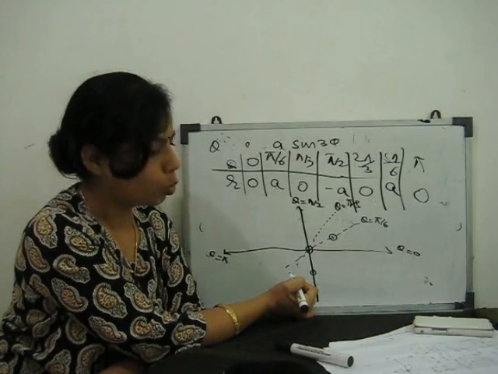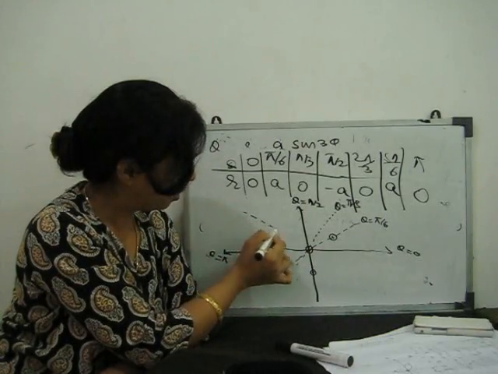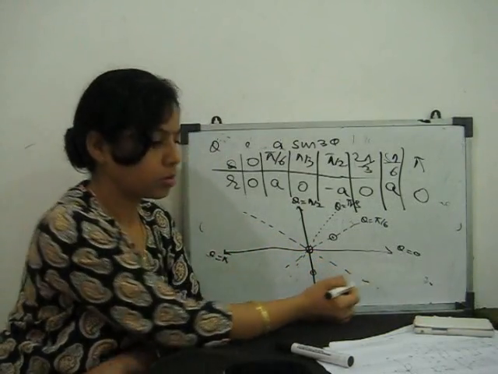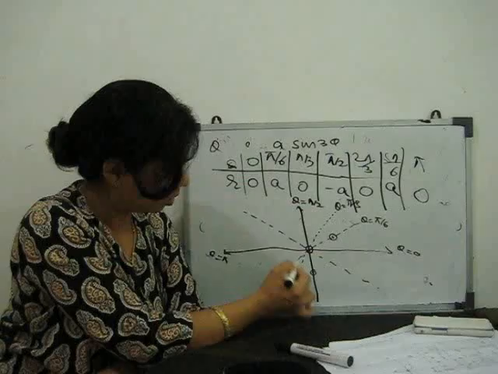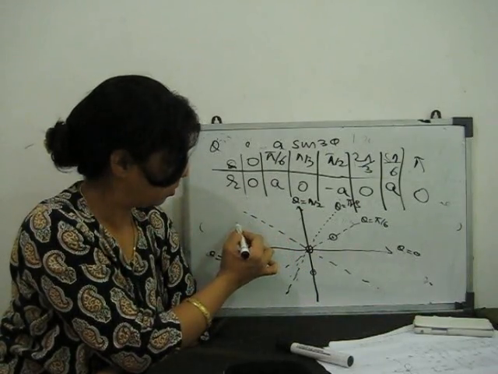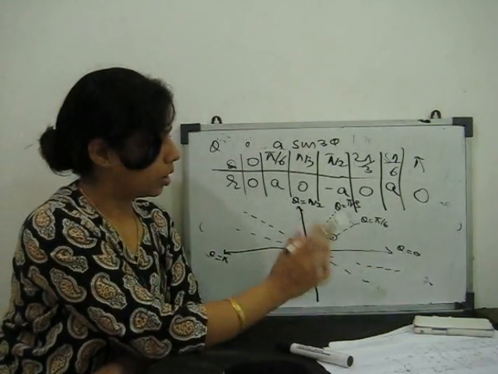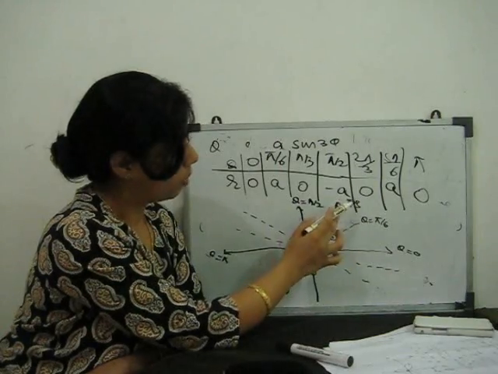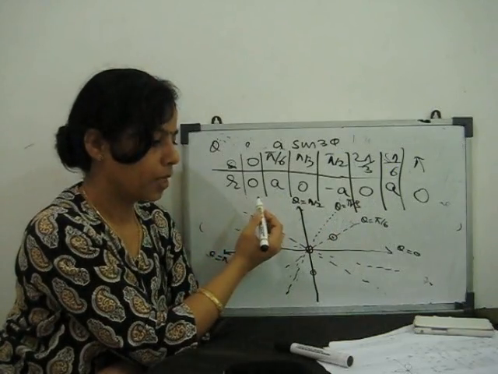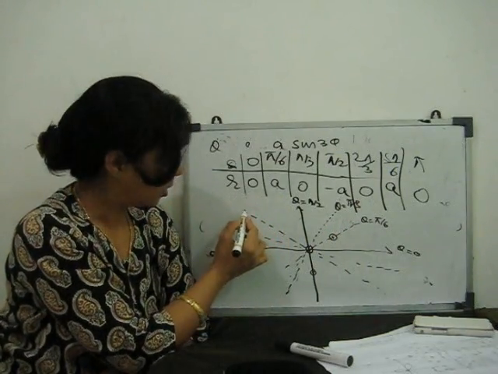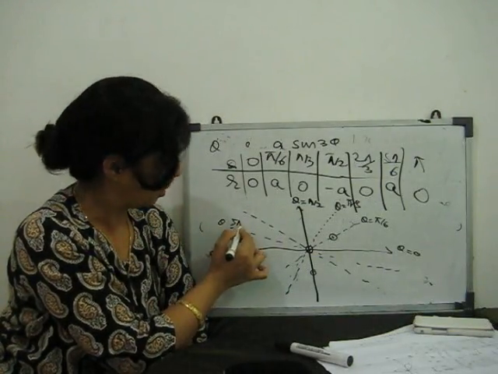Next is 2 pi by 3, and the same, you draw the line, and one more line. 0, pi by 6, pi by 3, pi by 2. This one is pi by 2 plus pi by 3. This line is theta is equal to 5 pi by 6.